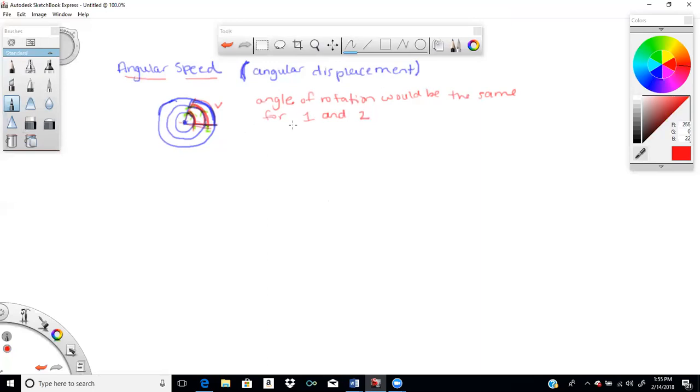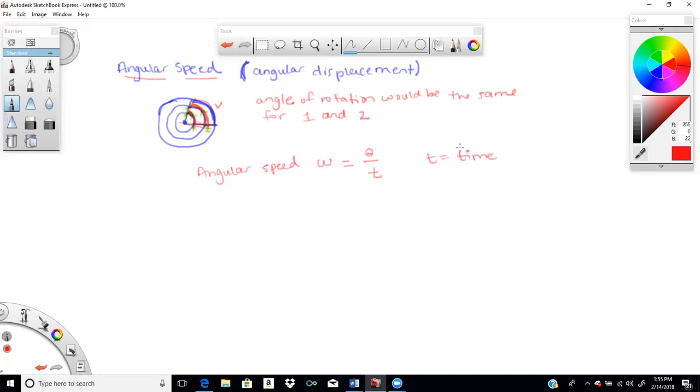To find the angular speed, it's represented by omega is equal to theta, that's the angle, over time. So T is time. And that's how you find the angular speed.